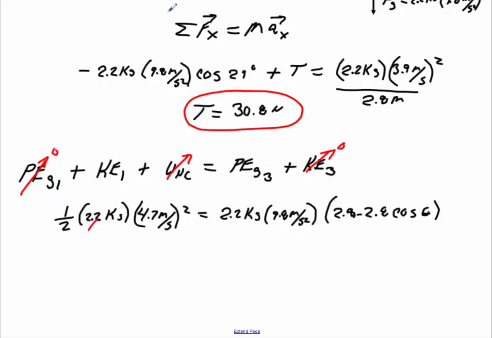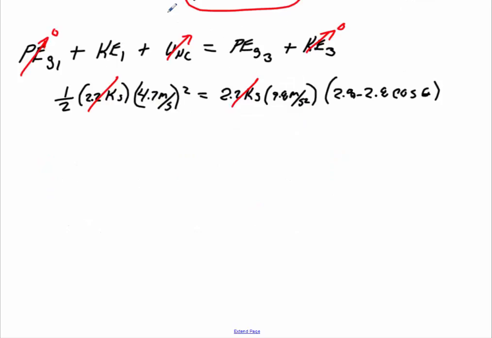Again, I'd cancel out the kilograms here. Now I'm ready to solve. I'm going to move everything over to the other side, and then I'm going to get 4.7 meters per second squared over 2 times 9.8 meters per second squared.